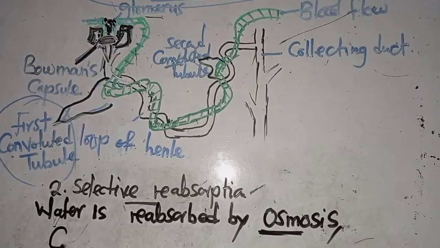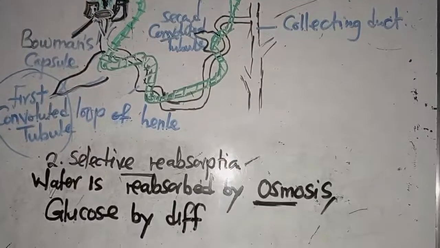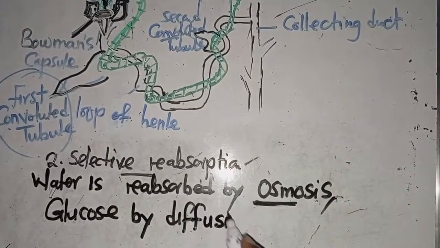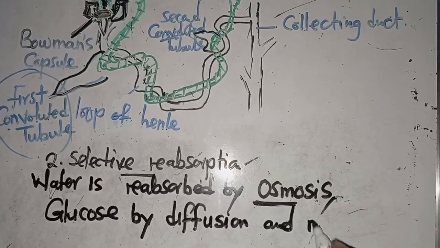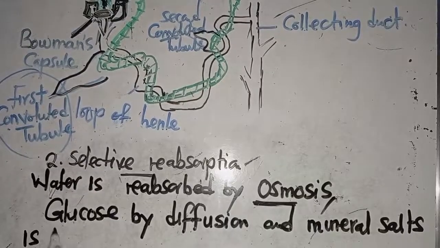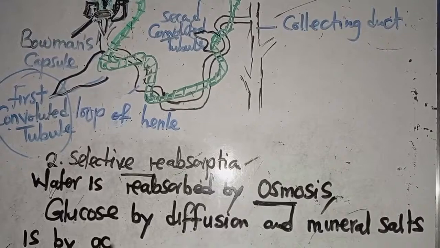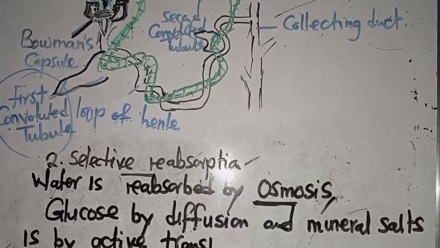Then we've got the glucose. Glucose is reabsorbed by the process called diffusion. And the mineral salts are reabsorbed by active transport.